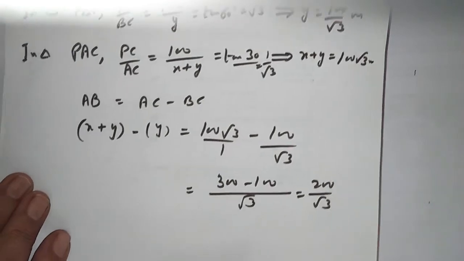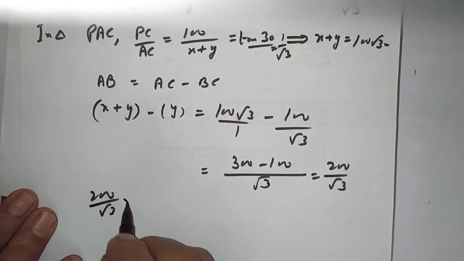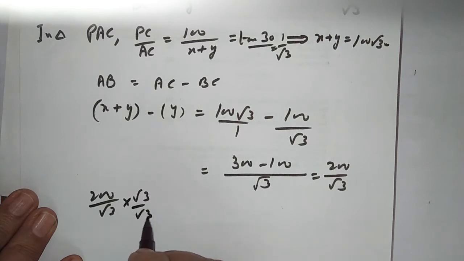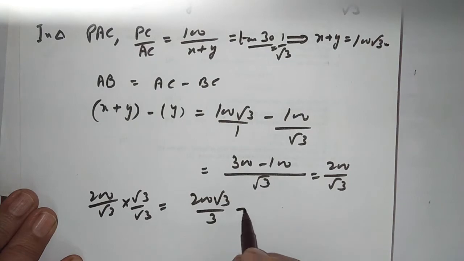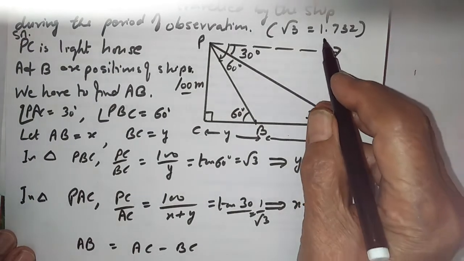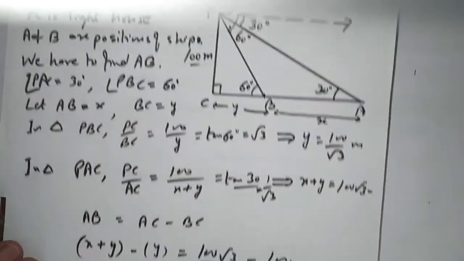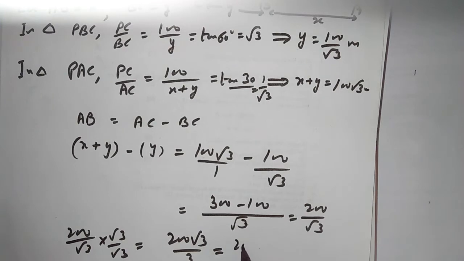Rationalize the denominator. 200 upon √3 into √3 upon √3 is 200 √3 upon 3. In the question it is given to you √3 is 1.732. So you have to substitute this value. 200 into 1.732 upon 3.